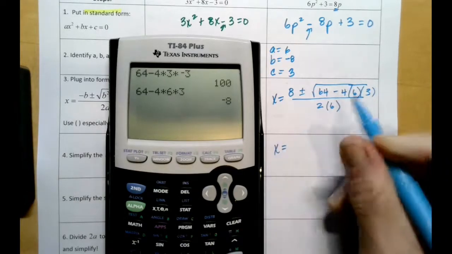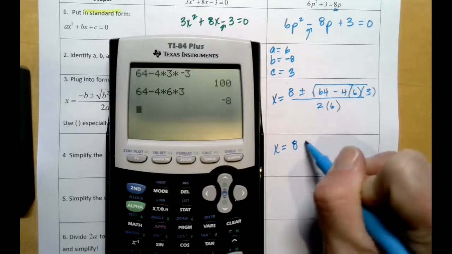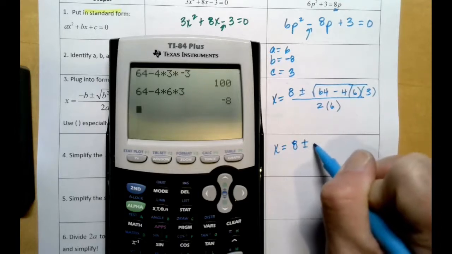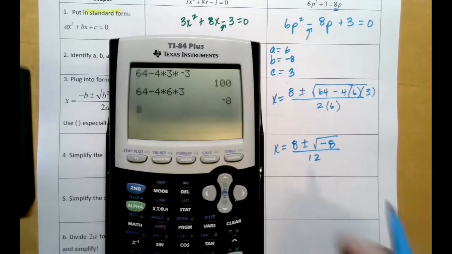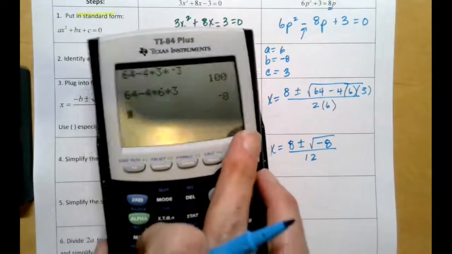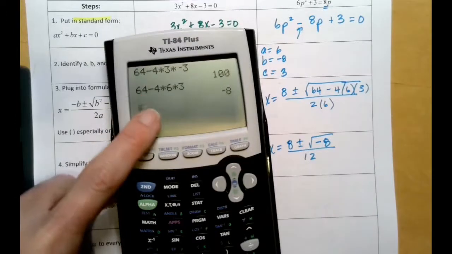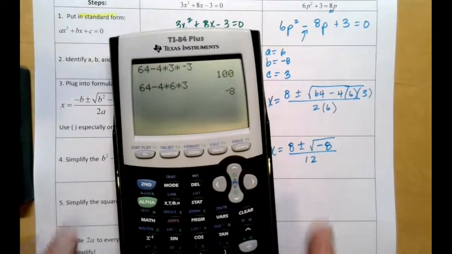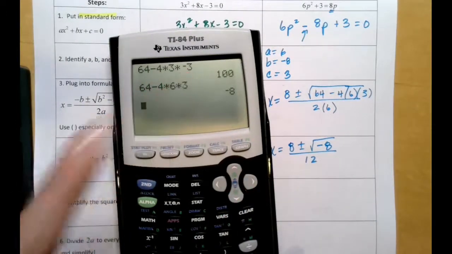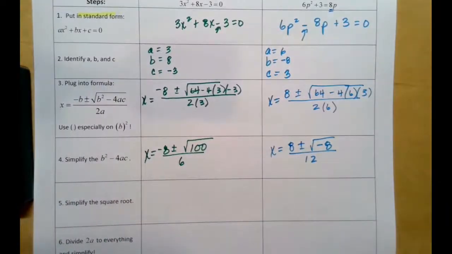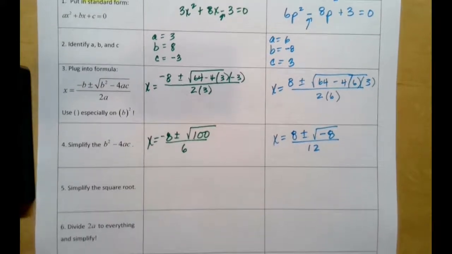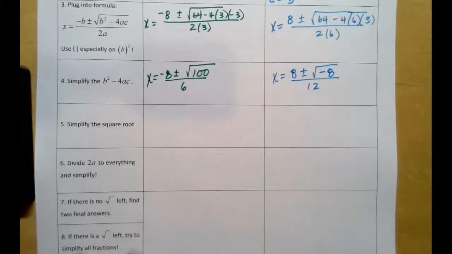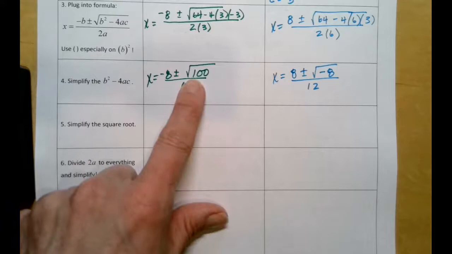We're going to get some imaginary solutions here. 8 plus or minus the square root of negative 8 all over 2a. So let's say you don't have one of these calculators. You can use Desmos. If you type this in on Desmos, it absolutely will give you the same value. And figuring out that discriminant is important because you want to take a look at what kind of answers we're going to have.